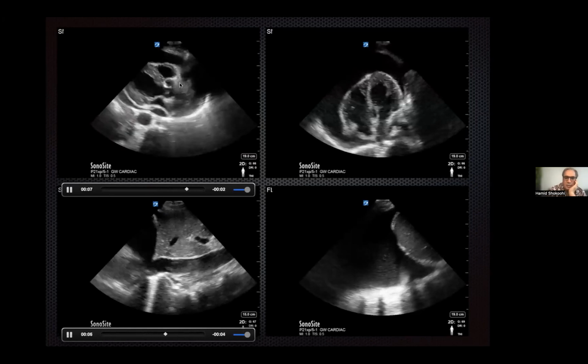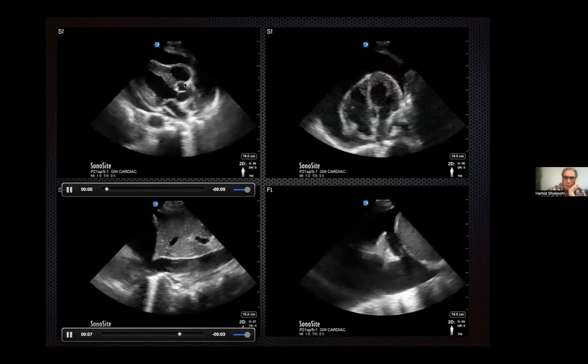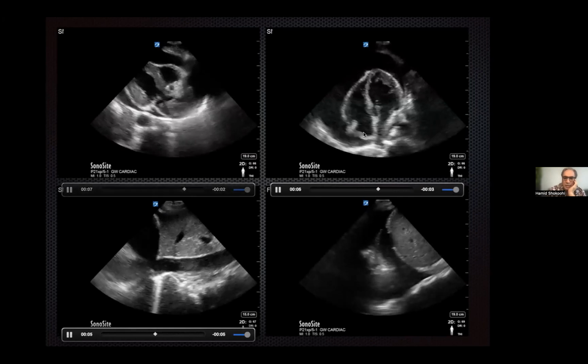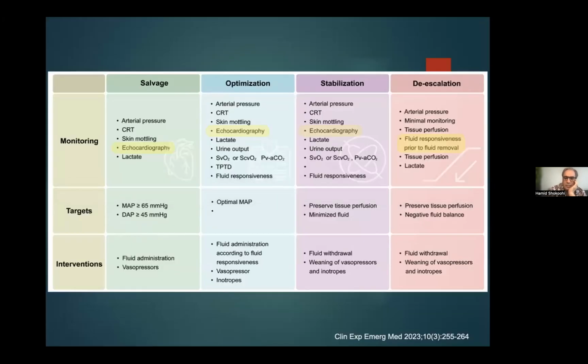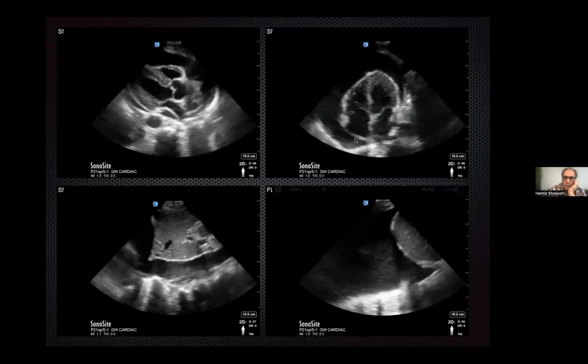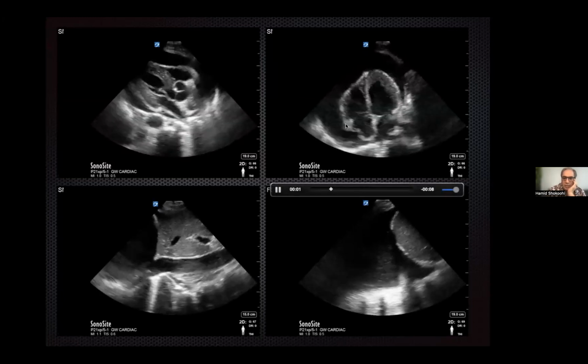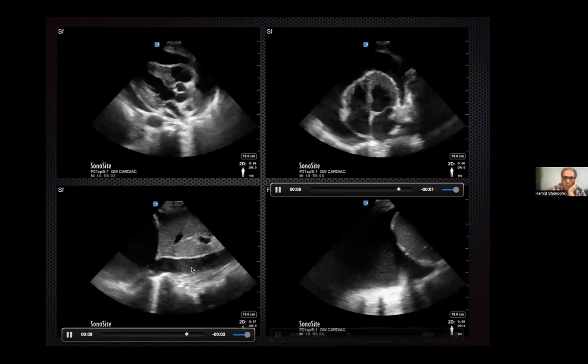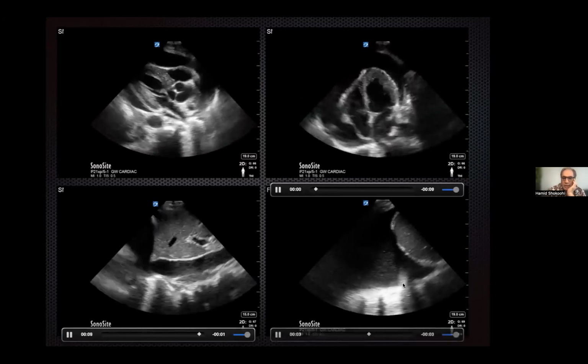With this pressure, with the tamponade that we expected, you would expect this to be collapsing, as you can see here on the left side. Here you see this one is actually tenting, but not really completely. You look at the IVC, it is plethoric, and you see that effusion.